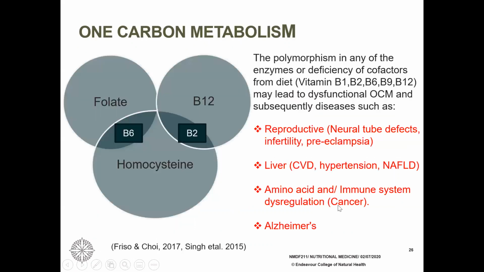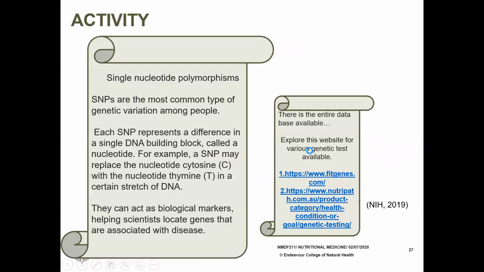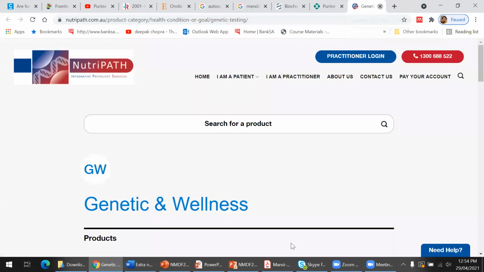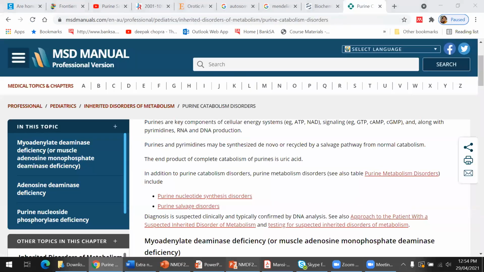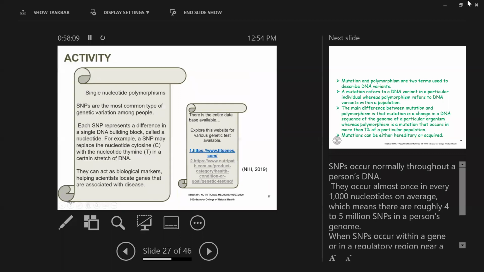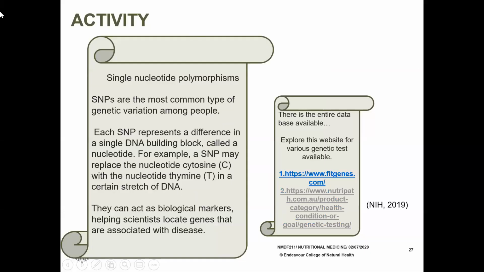So I'm just skipping and coming to the SNP. We are talking about polymorphism. So I thought I'll just add this slide: SNPs, or single nucleotide polymorphisms, are a common type of genetic variation.